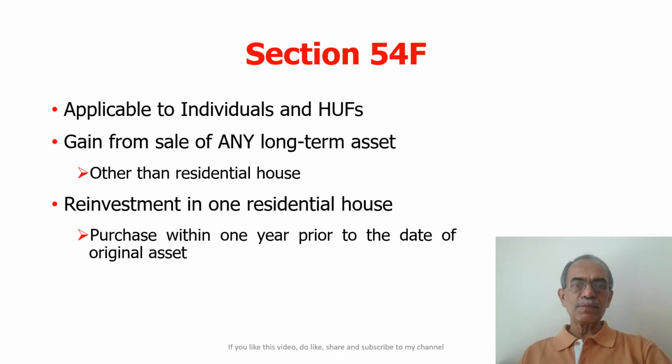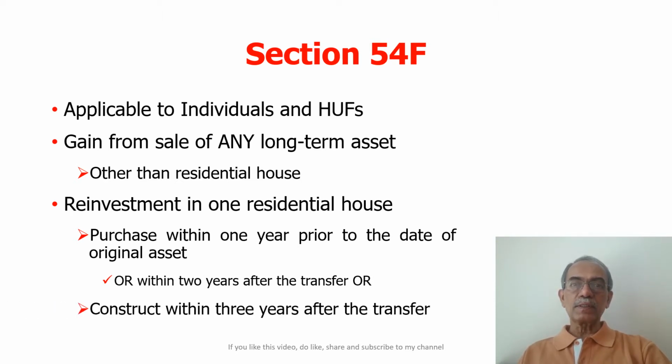But this reinvestment must be made 1 year prior to the date of transfer of the original asset, or within 2 years after the transfer, or construct within 3 years after the transfer of the asset.